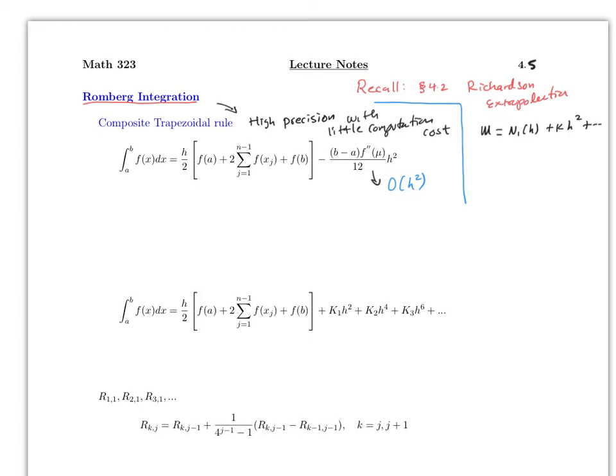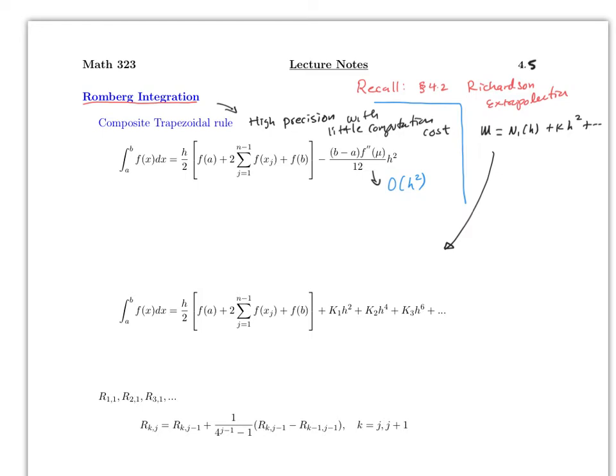So in this section, this is the analogous of that, and the idea is that we want to increase from h squared to h to the 4 or h to the 6 and so forth. But in our particular case, N1 is going to be just the composite trapezoid rule. So it's very similar to section 4.2, except that here we're integrating instead of differentiating.